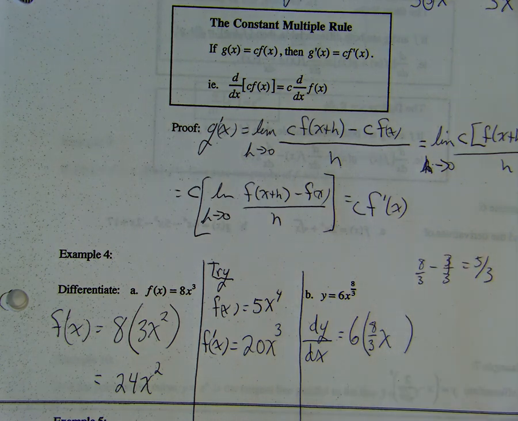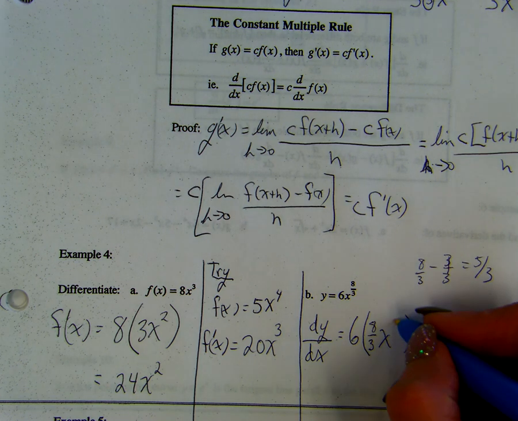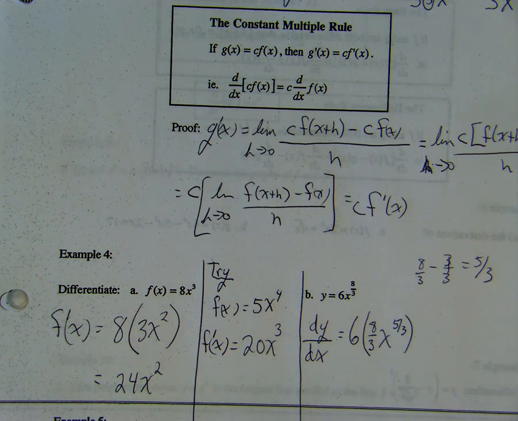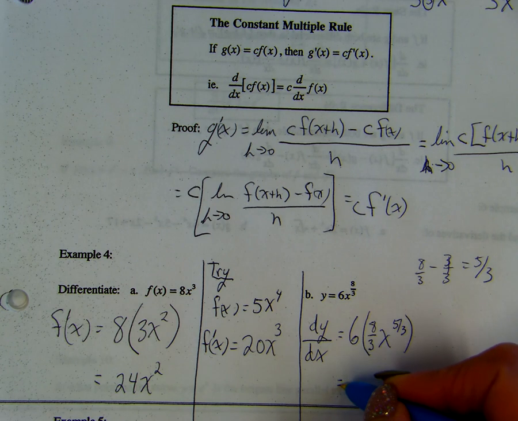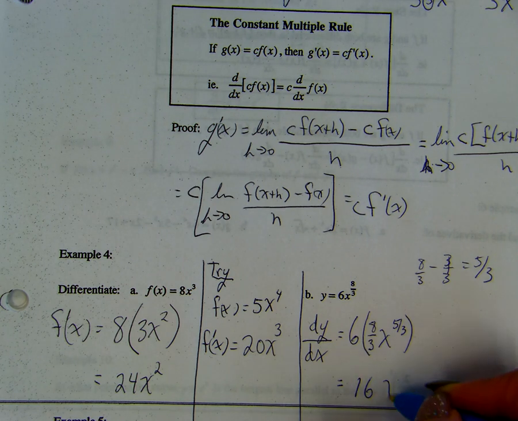Do we all see what exponent we need for our x? And then simplify. 6 times 8 divided by 3, 16x to the 5/3.